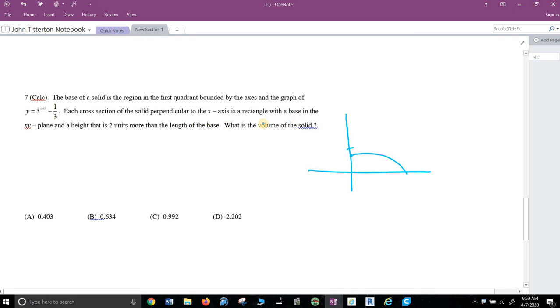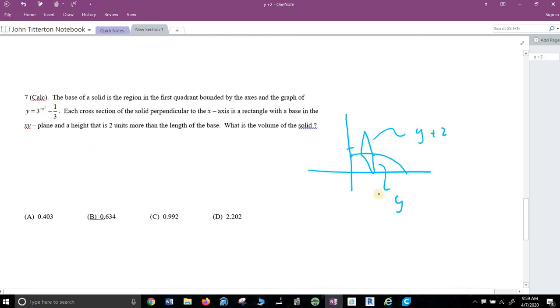Each cross section is a rectangle at the base. So the base is here. It's the y value. And then the height is y plus 2. So we're just going to blast this out with the calculator.